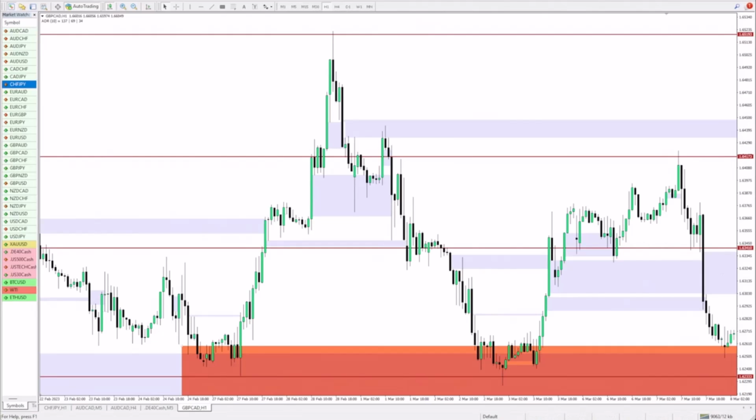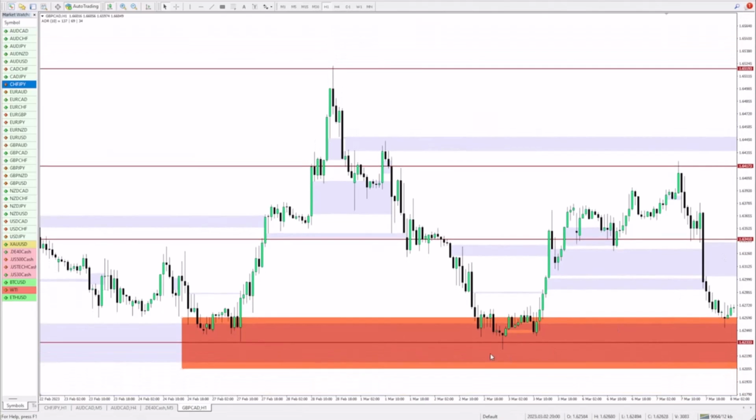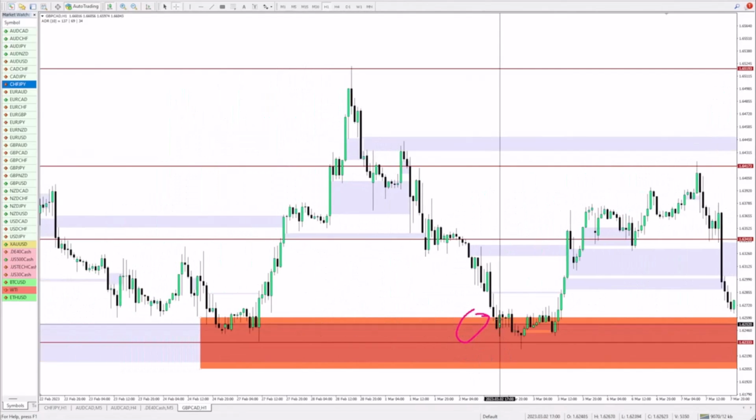Now let's look at this one from a risk-reward ratio perspective. You would have got in somewhere on that candle there, stop below that low. So let's say you've got a 56 pip stop. 56 times 1.5 return, 84. So there's your target.